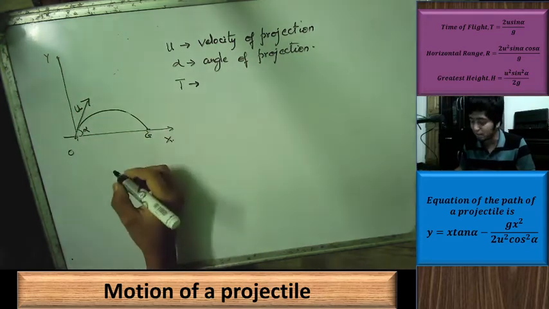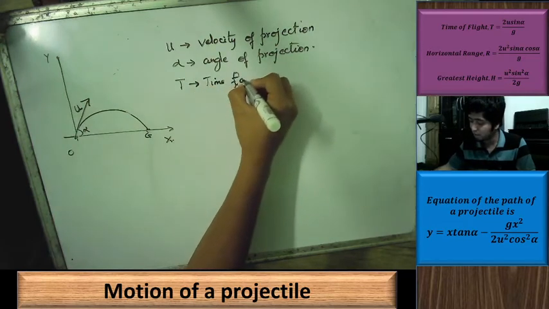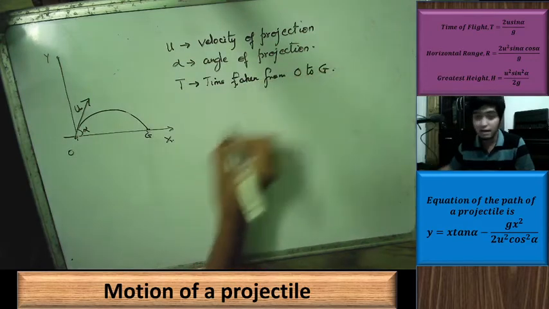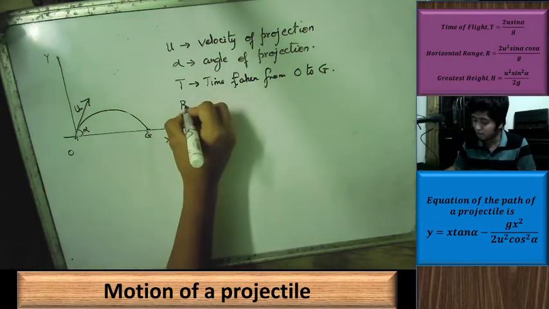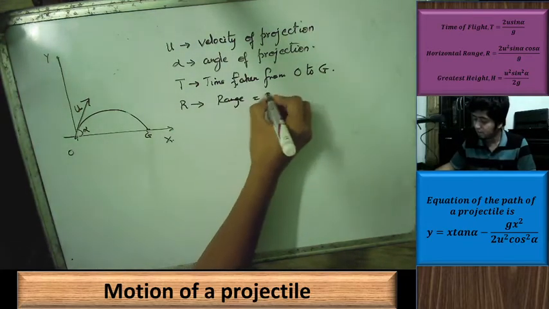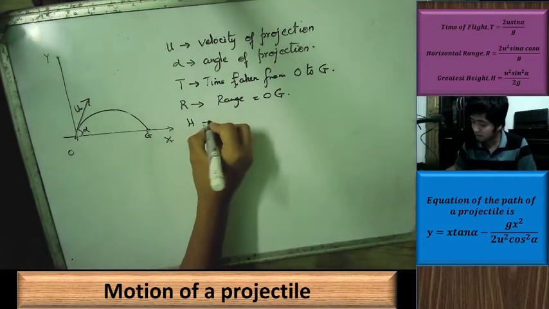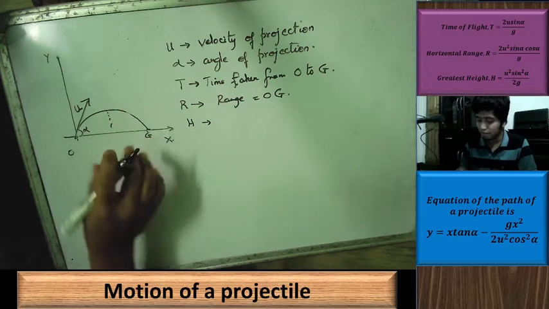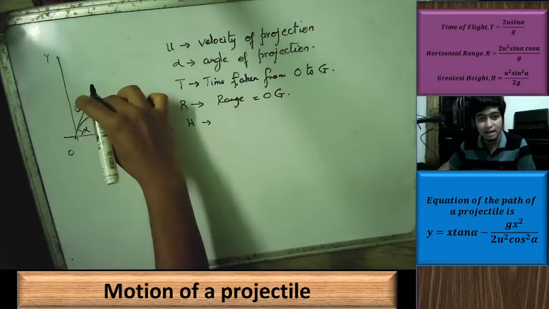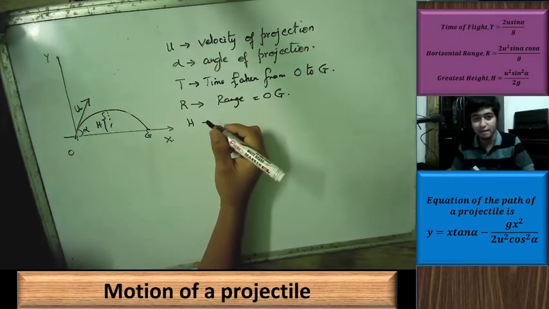The range is this OG. And the greatest height H, at the midway point, is the greatest height measured here.